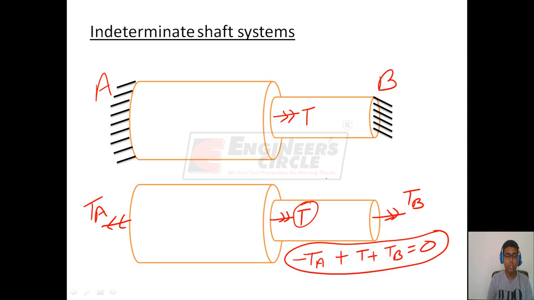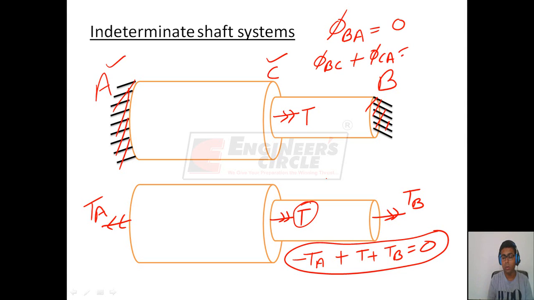Now in this case, we see that since cross section A as well as cross section B are fixed, therefore the twisting moment of cross section B with respect to cross section A will be 0. So if we say this is C, we can say that phi of B with respect to C plus phi of C with respect to A must be 0.